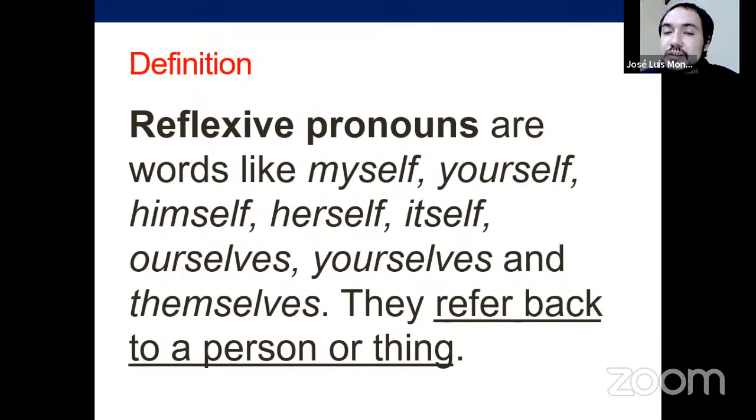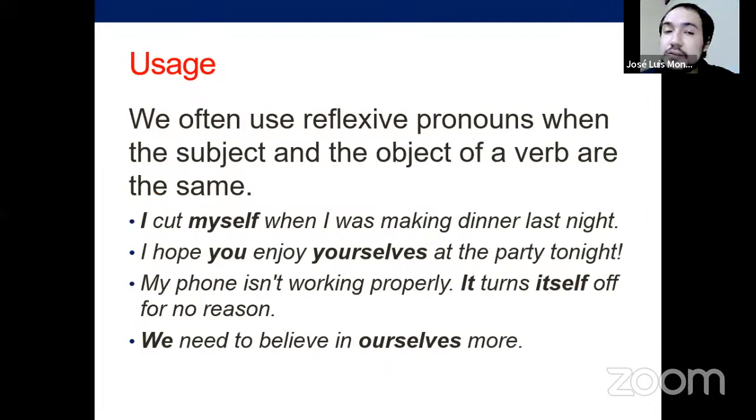But we have at least four different ways, which are related, to use the reflexive pronouns. So let's learn about it. Usage. We often use reflexive pronouns when the subject and the object of the verb are the same. It says, I cut myself when I was making dinner last night.